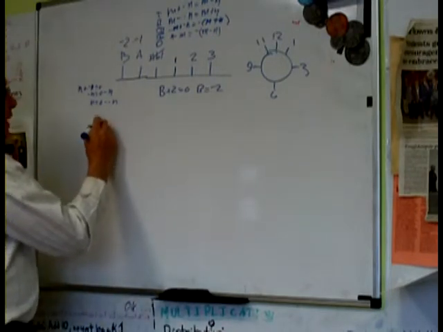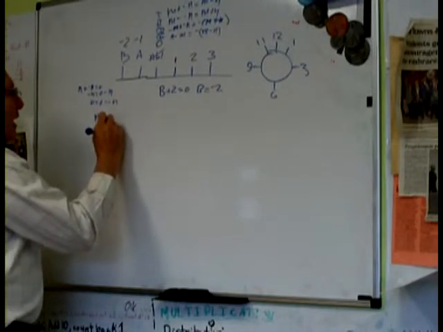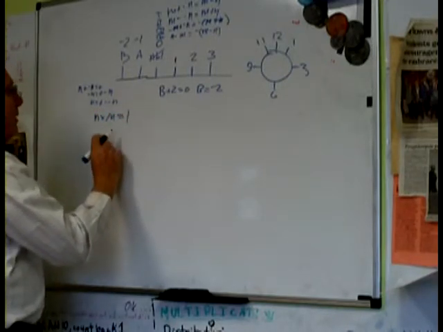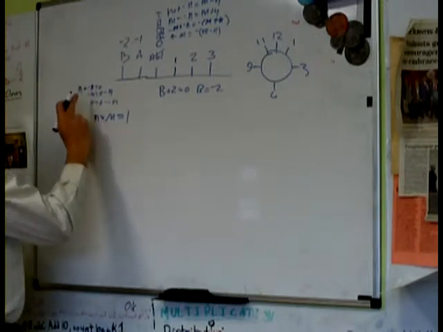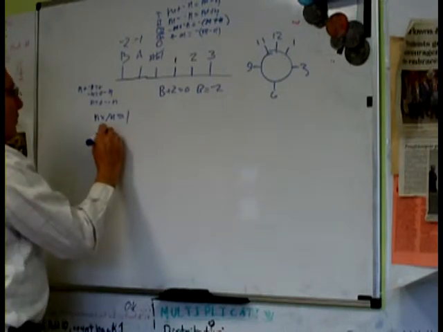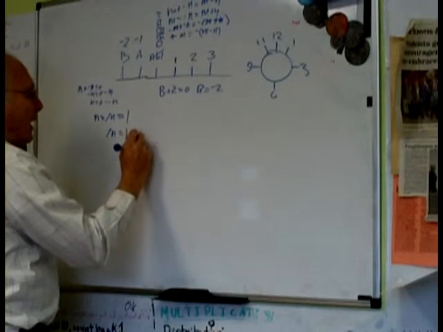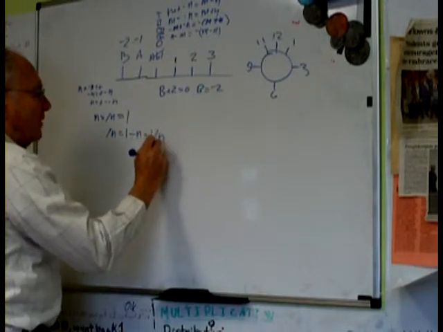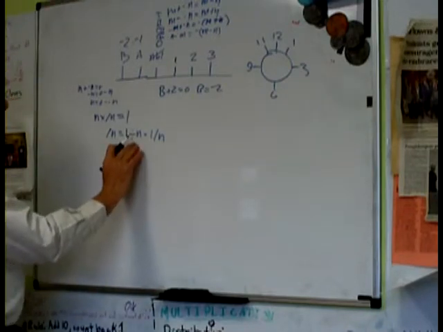Now the way we will define a fraction is that n times slash n is equal to 1. Wherever we saw a plus, we replace it with a multiplication sign. Wherever we saw a minus, we put a slash. Now, if we use the rule for division, this is equal to 1 divided by n, which we sometimes write in this form. So a fraction is really another form of division.